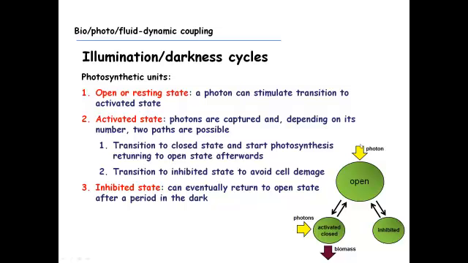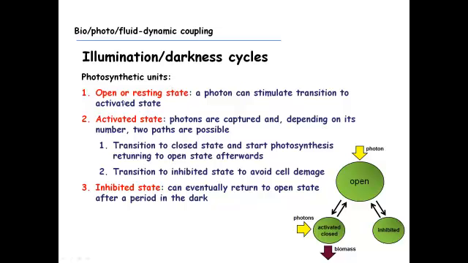Okay, let us move further and look at another important aspect of microalgae cultivation, which is the so-called illumination darkness cycles. Photosynthesis can be viewed in a simplistic way through the so-called photosynthetic units.